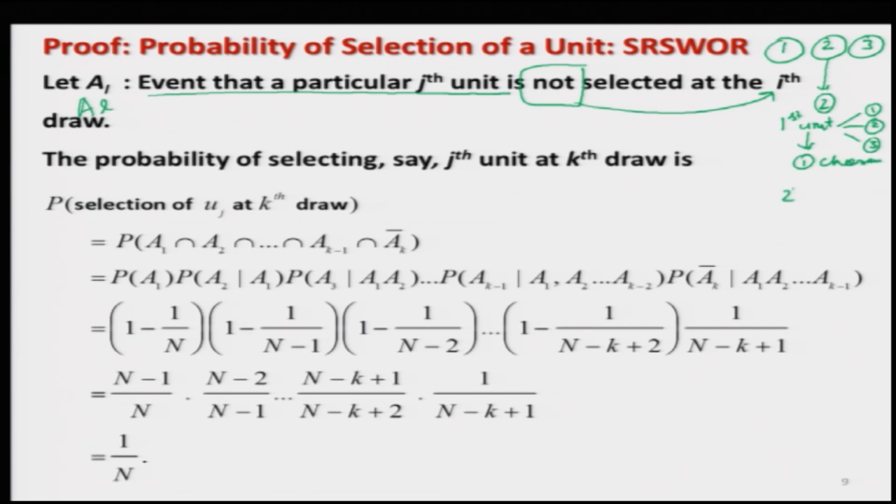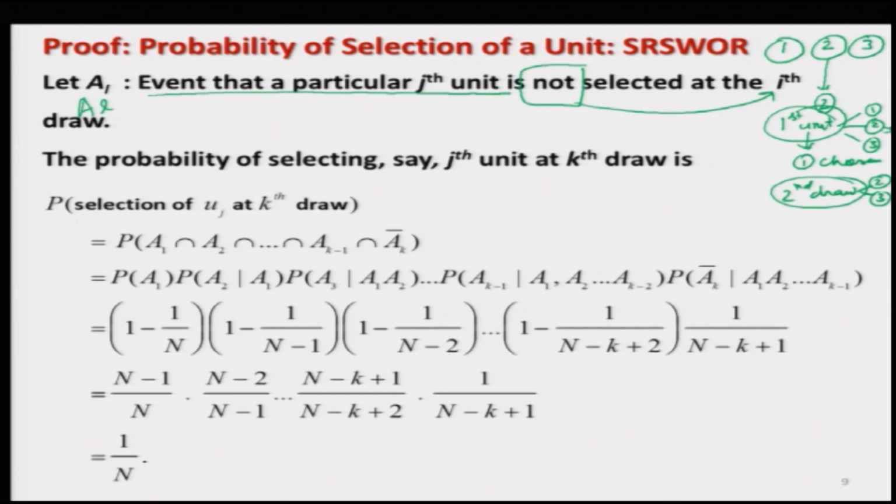Then in the second draw, ball number 2 and ball number 3 are there, so these balls are going to be chosen. Now, ball number 2 can be chosen in 2 different ways, either it is selected in the first draw or in the second draw. So, this is what I mean when I say that the jth unit is not selected at the ith draw. For example, the second unit is not selected at the first draw or at the second draw, something like this.